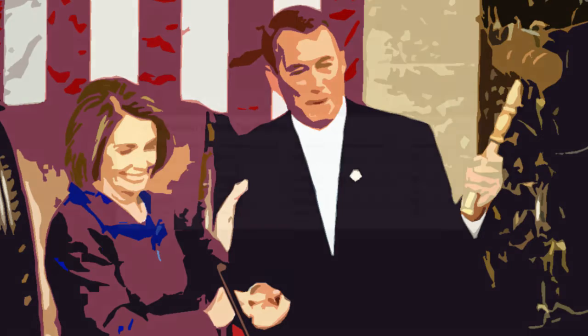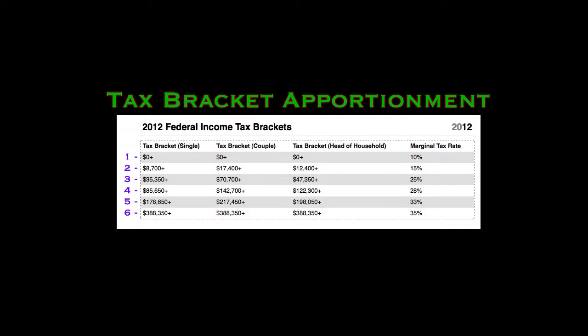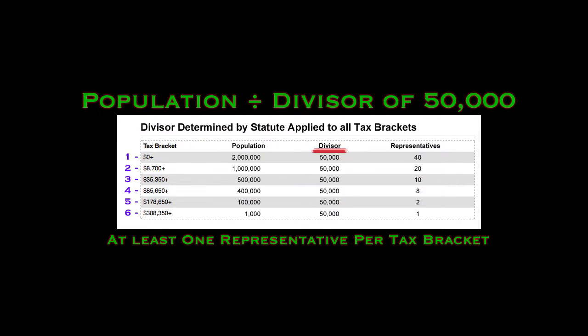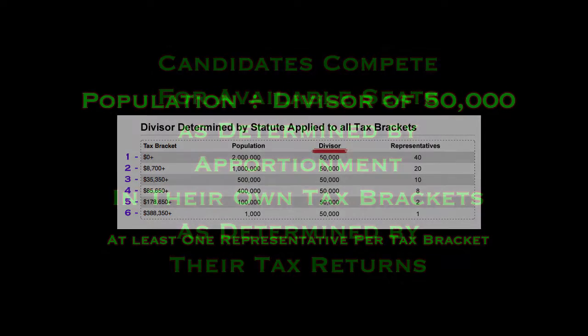incumbency protection. Tax bracket apportionment divides the populations of each state into the 6 federal income tax brackets. The number of representatives from each state are apportioned by a divisor determined by statute applied to the populations of those tax brackets.